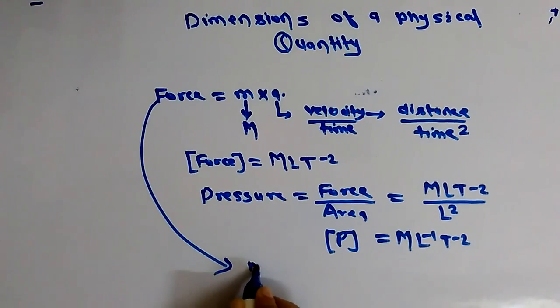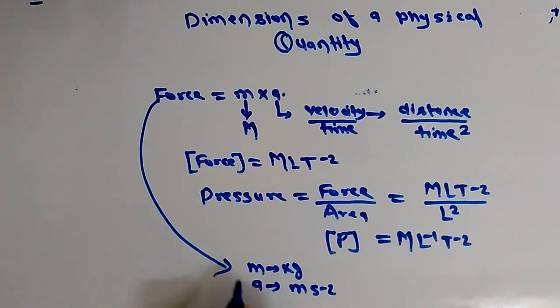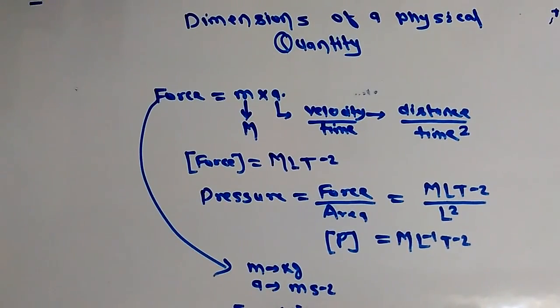Mass has the unit of kg, and acceleration has the unit of meter per second squared. So we can write the unit of force in terms of kg meter per second square, or instead of writing so many quantities, we represent it in terms of Newton. So 1 kg m per second square is known as 1 Newton.